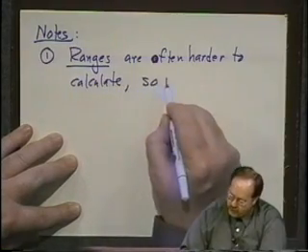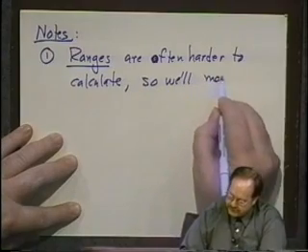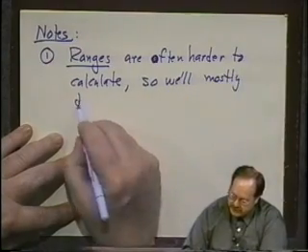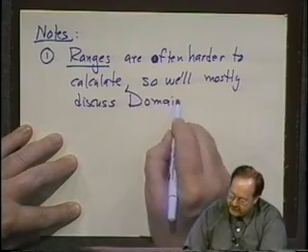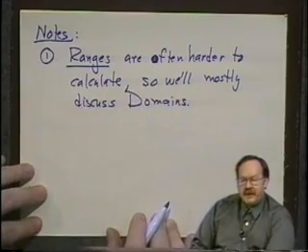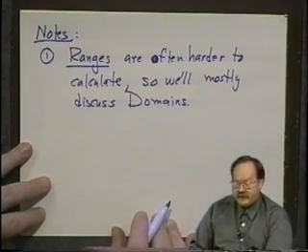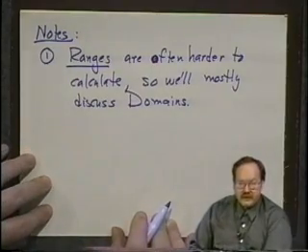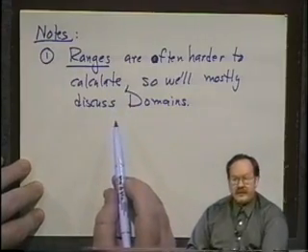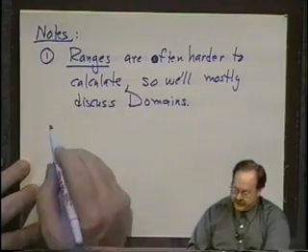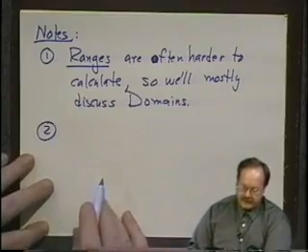So we'll mostly discuss domains. Because really, if you know the domain and you know the correspondence or the machine that the function is, then together you can construct the range. So very often ranges are much harder and not really of much use in most of what we do. So we'll mostly discuss domains.